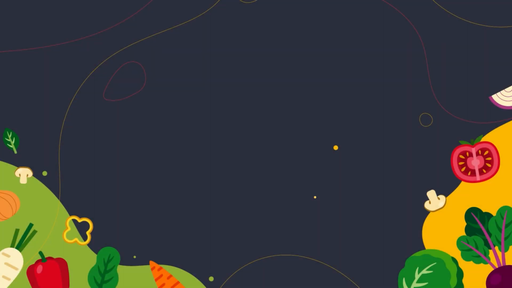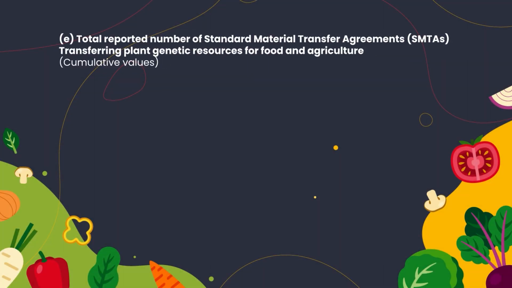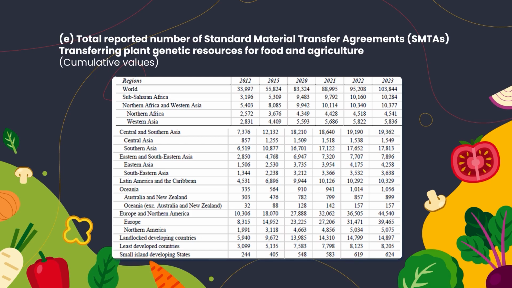So member states are coming voluntarily to take part, to share that concern and to find a solution. In the same way, the standard material transfer agreement, which transfers plant genetic resources for food and agriculture, also shows good progress in terms of number.